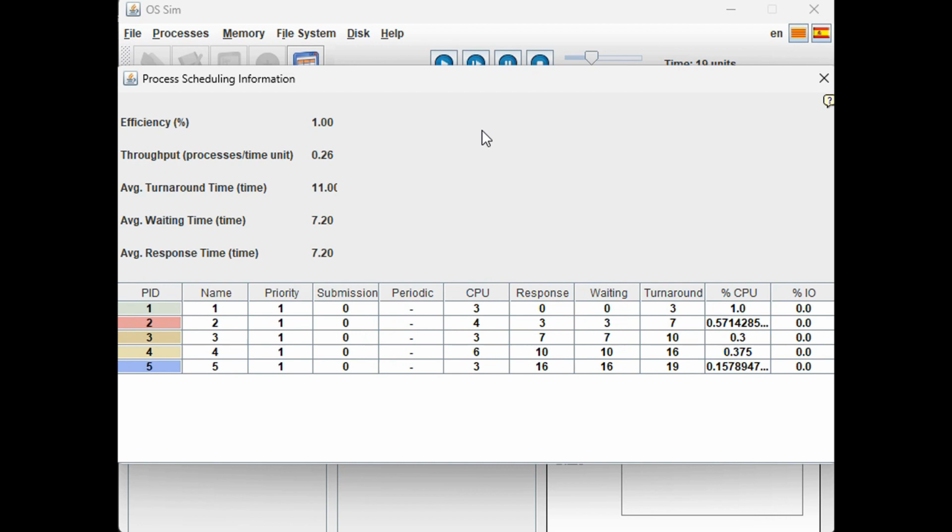Based on the execution, if the CPU percent is high, it will be on top, and the remaining ones follow in descending order. Based on the default values stored in the simulation tool, the processes are executed by CPU percentage. So this is about the FCFS CPU scheduling algorithm.